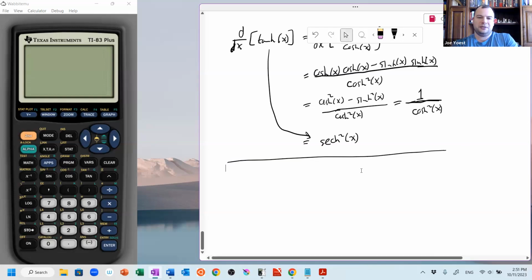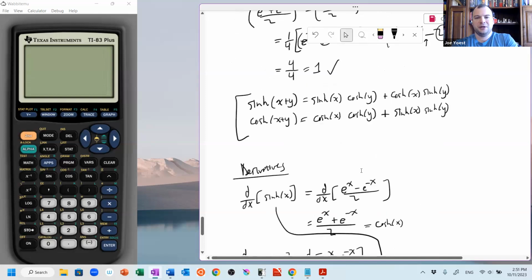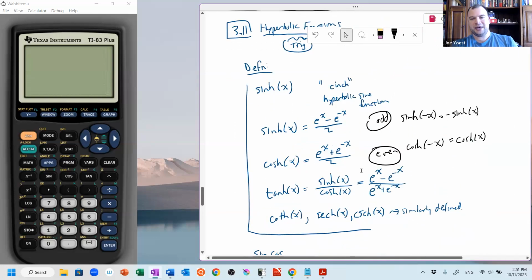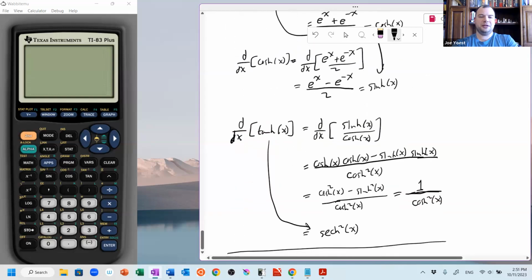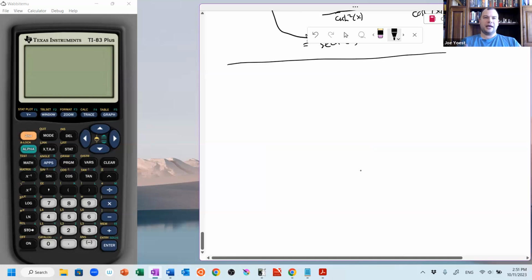What about the sinh and cosh functions? Well, because I have sinh and cosh defined in terms of exponentials, I actually have a pretty decent chance of being able to invert them, right? I have an algebraic relationship with a function that I know how it works.